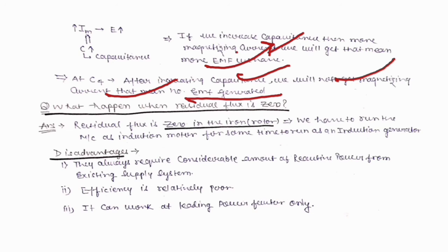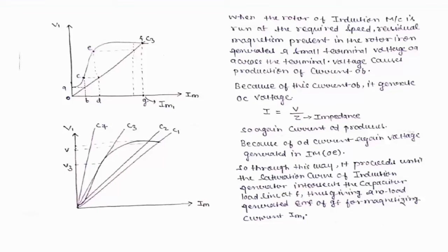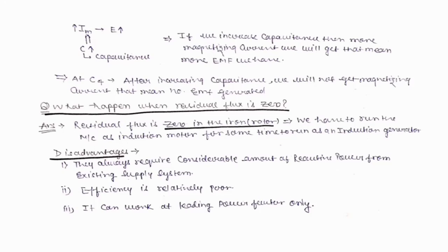So what happens when residual flux is zero? Due to this residual flux we will get the initial current. So what happens when this residual flux is not there? That means in a very initial condition, we will first have to start that machine as an induction motor, then we will have to switch to the induction generator.